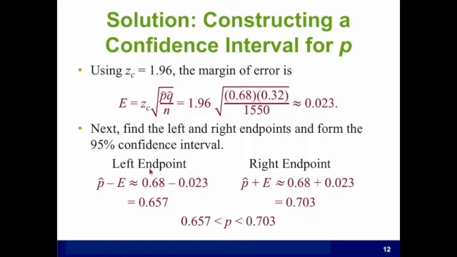0.023. Then we take the point estimate and subtract the margin of error to find the left endpoint, and we add the margin of error to the point estimate to find the right endpoint, and this will be the interval. So we can say with 95% confidence that the population proportion is between these two values.